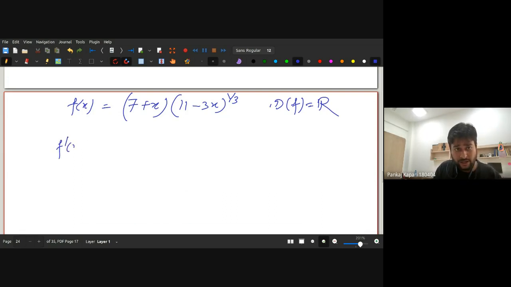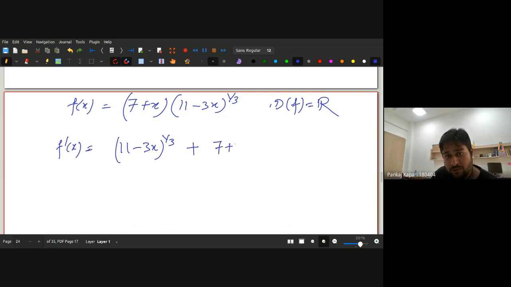For finding the derivative, apply the product rule and the chain rule. For the product rule, differentiate the first function and multiply by the second one. If you differentiate the first, you will get 1. So it's just (11 minus 3x) to the power 1/3. Now plus the first function times the derivative of the second one.